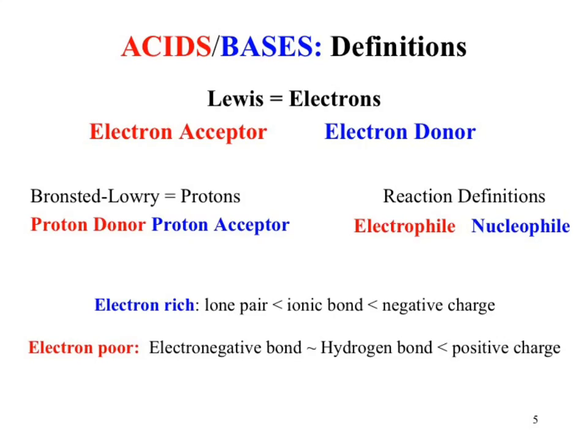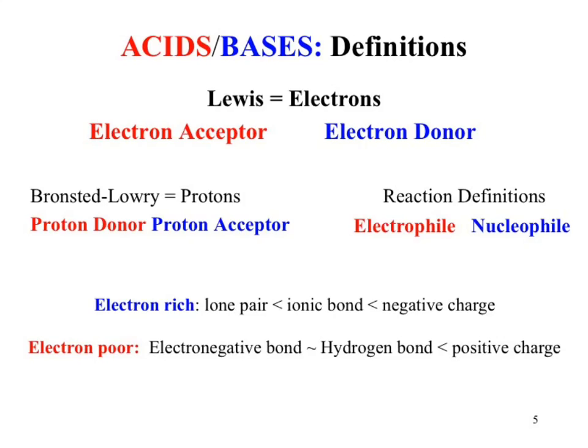Okay, so if we don't see the lone pair and we don't see a charge, the next thing we can look for in our electron-rich would be an ionic bond. Okay. Why an ionic bond? An ionic bond, kind of said nicely, has charge. It has ions. So by definition, it's got charge within it. Okay.